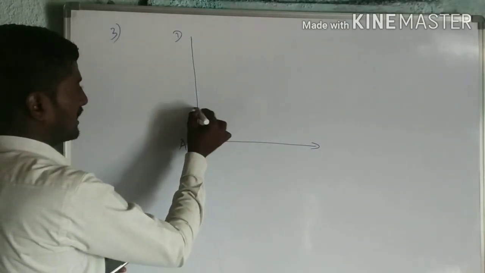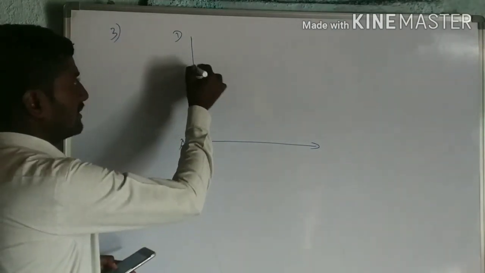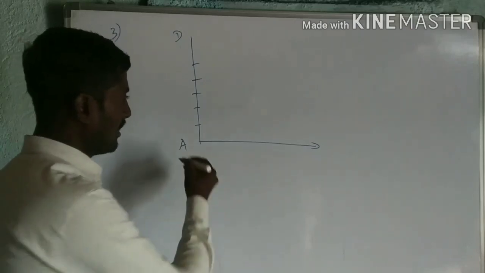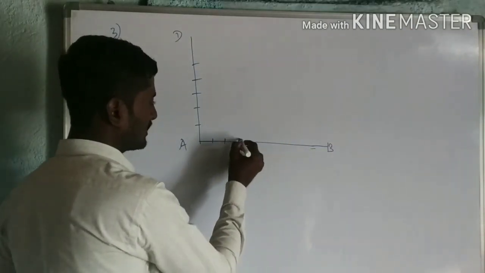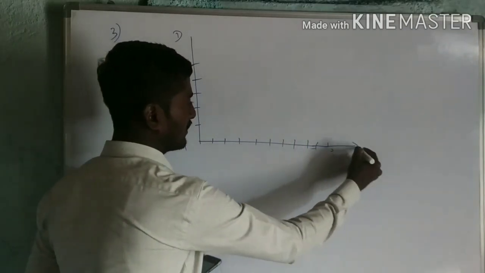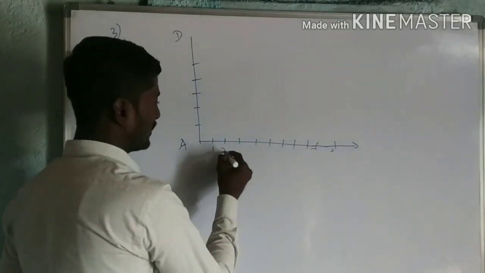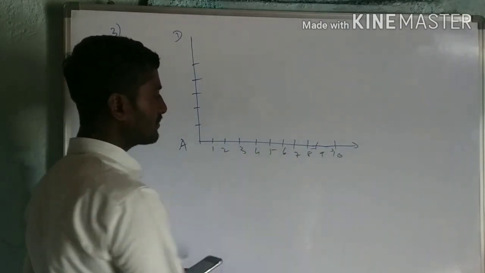So total 100 parts, each of distance 1 unit. Along AB they have given 10 lines. 1, 2, 3, 4, 5, 6, 7, 8, 9, 10.